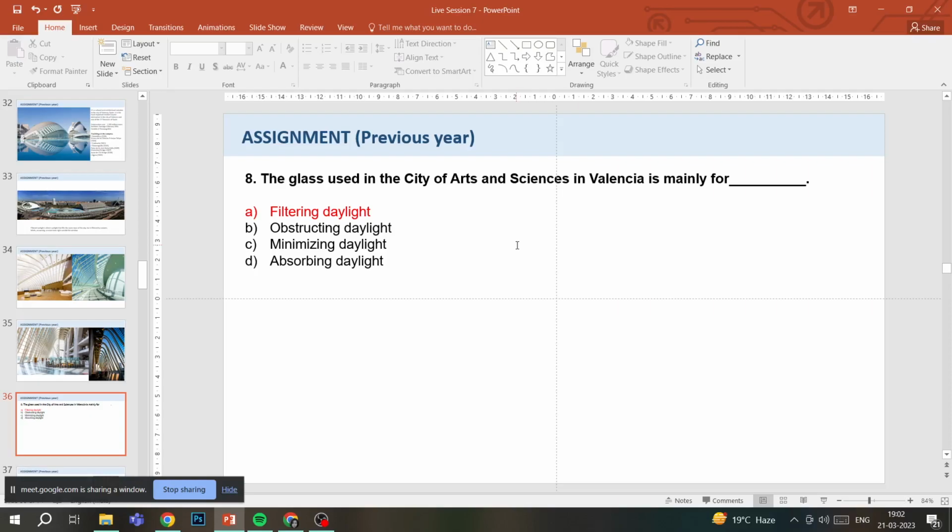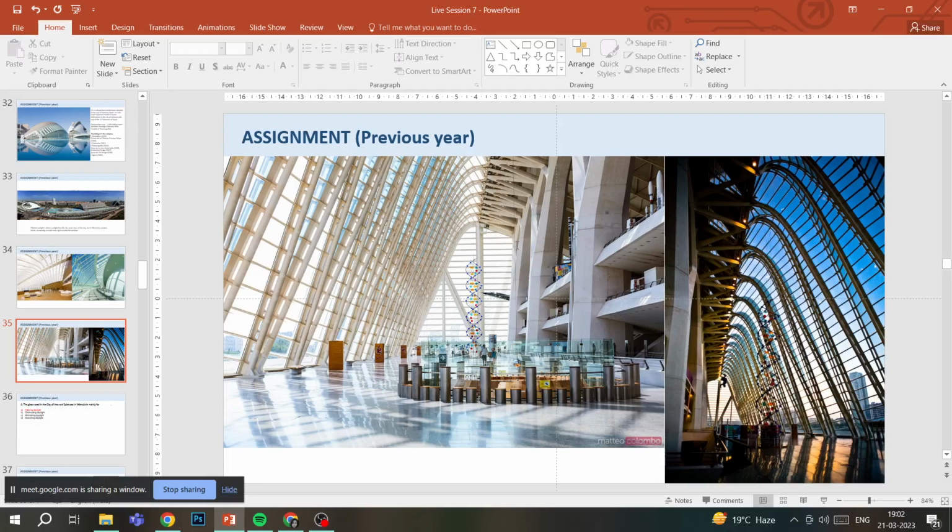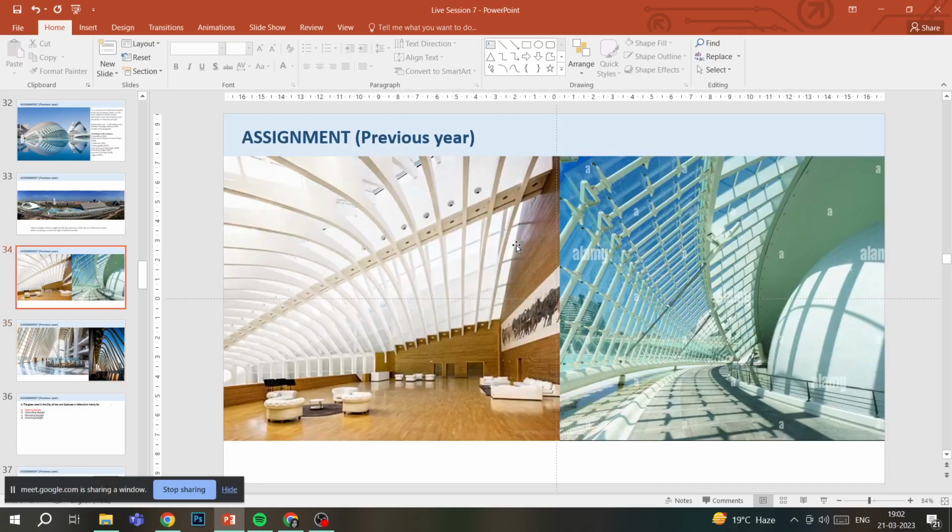Of course, glass can be used in a lot of ways. It can be used to obstruct daylight, to minimize daylight, or to absorb daylight, depending on the use. But if you look at these images, none of those options fit here because a lot of daylight is coming in. We're not obstructing it, and you can see how open the image on the right is, and how directly the sunlight is coming.